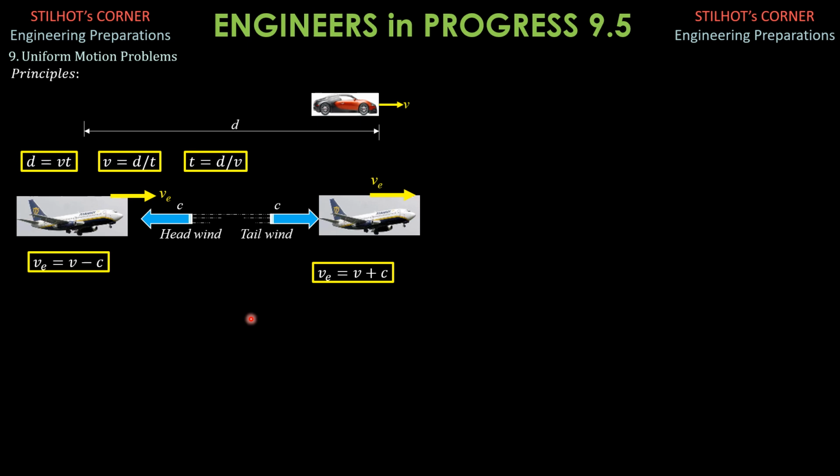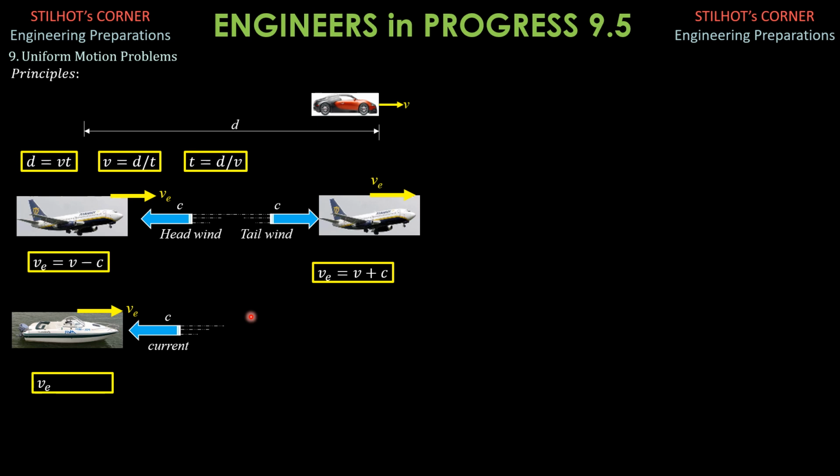The same principle applies if we have a boat traveling against the current: the effective speed of the boat would be V minus C. And if it is navigating or sailing or moving with the current, then the effective speed of the boat would be v plus c.